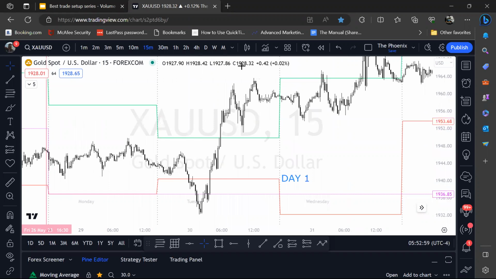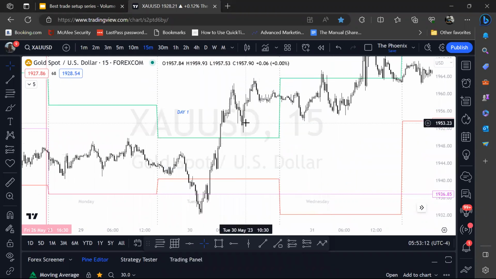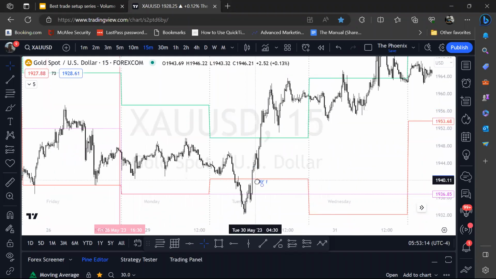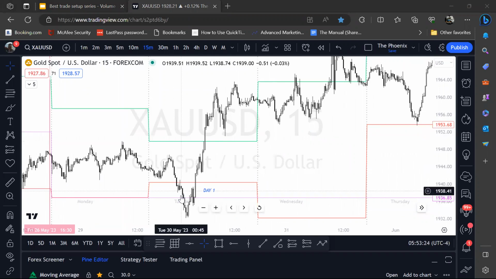Let me clear that and use TradingView's text instead. Don't want the text to be moving. All right, so day one. Bear with me, please. I know I'm moving a little slowly with this, but I want it to be very clear. All right, so we have day one.